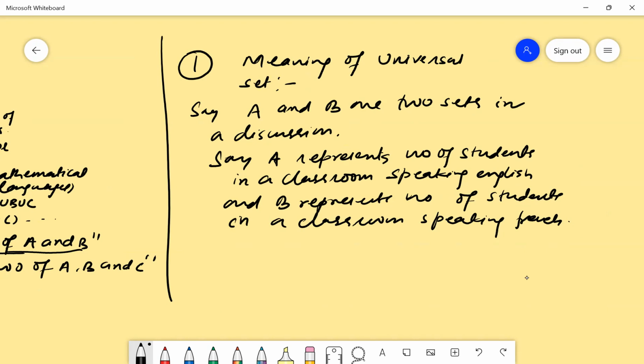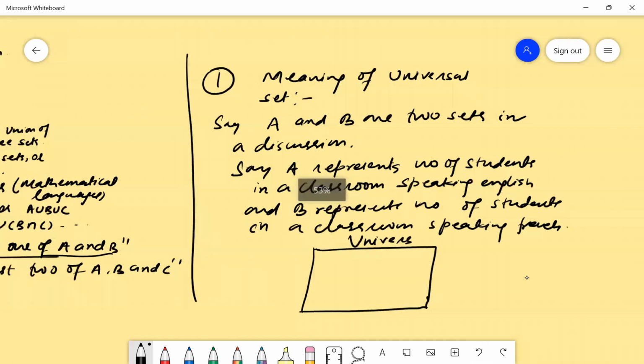No. So if I make the biggest set, the largest possible set related to the discussion, then that set is the universal set. Like this classroom is the universe for this discussion. So this is the universal set.